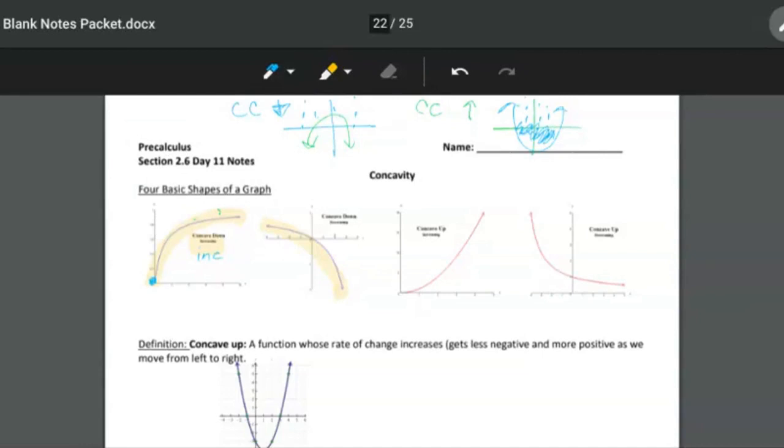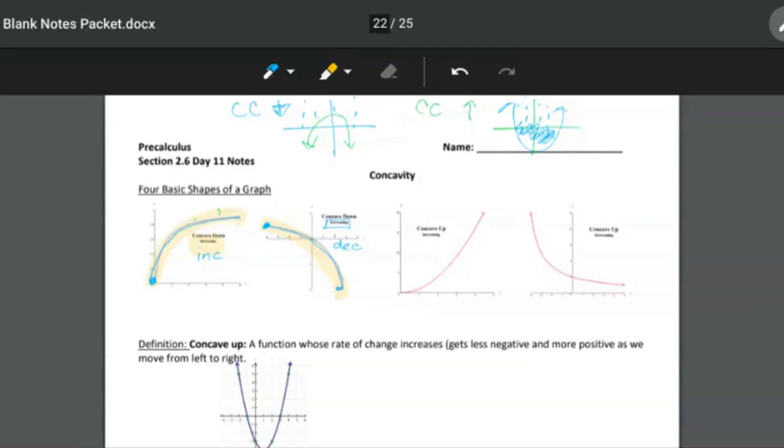If you trace it from left to right, my pen is going up, up, up. Where this one, the word is really small, but it says decreasing. This graph is decreasing. If I start on the left and trace to the right, my pen is going down. So they're both considered concave down, both of those highlighted graphs in orange, but one is increasing, one is decreasing.